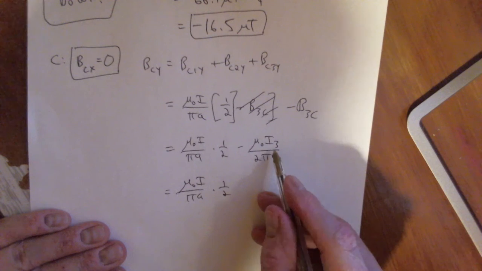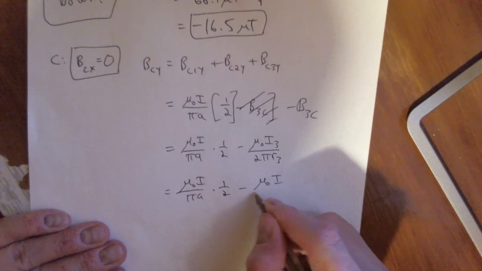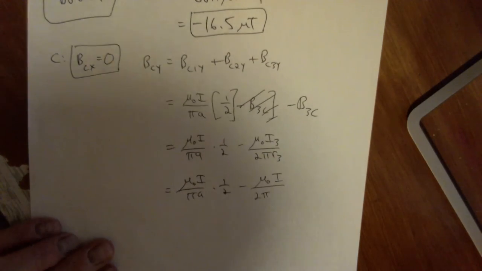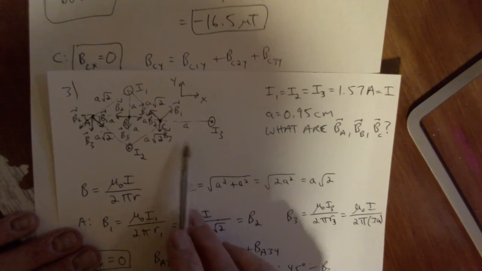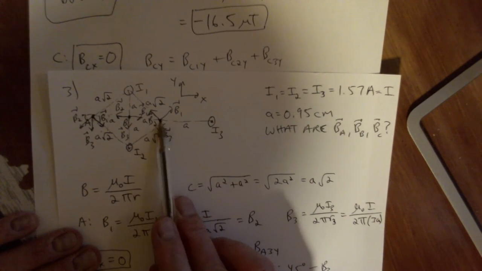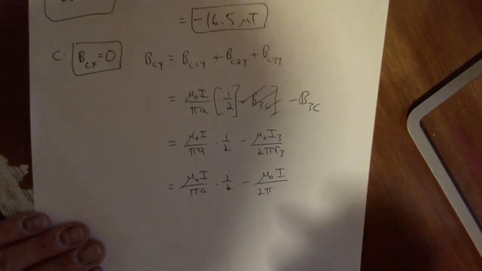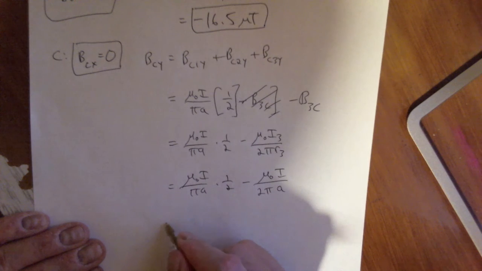And so I3 is just I. And R3 is just A. Because if I bring this back one last time, the distance from I3 to point C is just A. So it's over 2 pi R3, so over 2 pi A. Good.